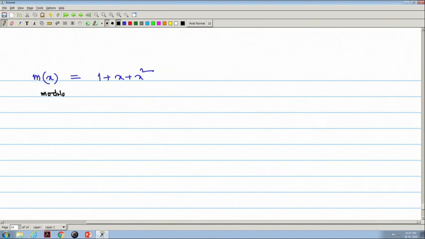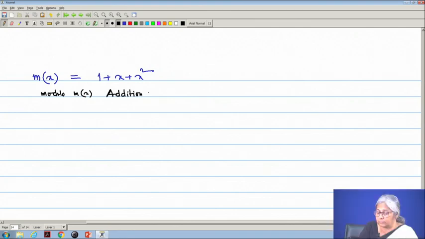so this is the modulo m x addition table. I have 0, 1, x and x plus 1. These are my 4 polynomials.